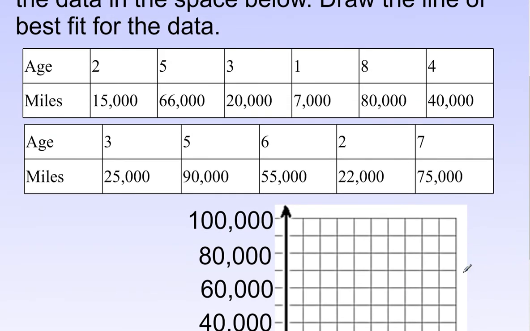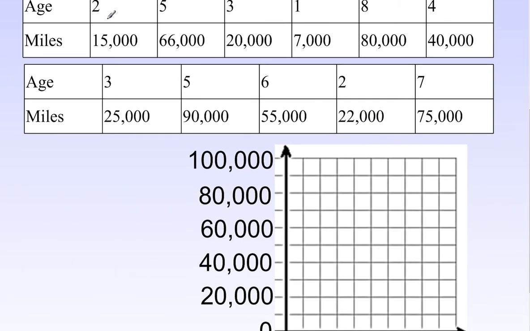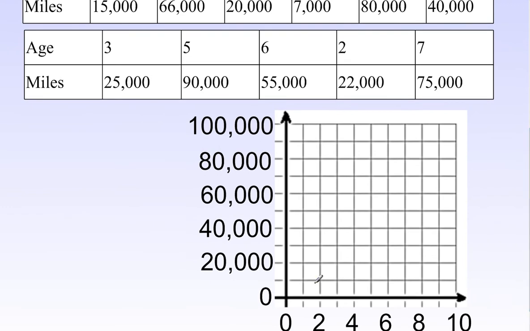So to construct our scatter plot, we're going to take these data points and we're going to plot them. So when a car was 2 years old, it had 15,000 miles. So let's see, the scale seems to be 10,000, 20, 30, 40, 50, 60, 70, 80, 90. So 15 would be here.